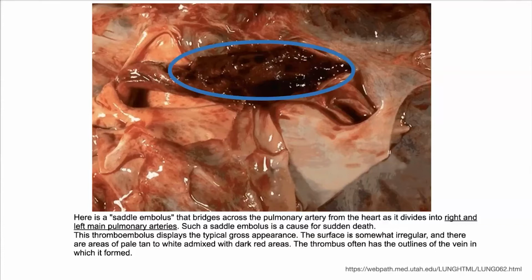A saddle embolism is a very big embolus that goes into the main trunk of the pulmonary vessels. It bridges the point where the pulmonary artery divides into the right and left main pulmonary arteries. The patient in this case presented with sudden death.